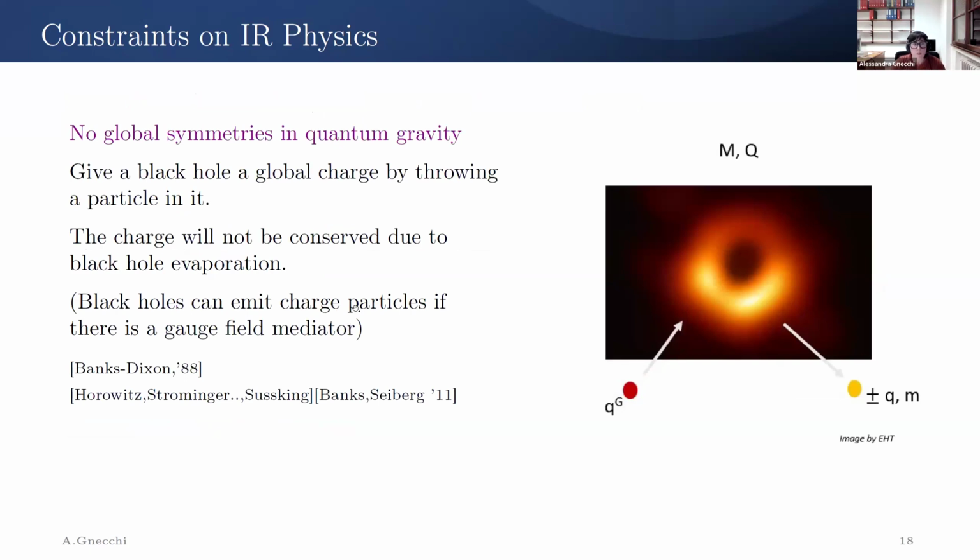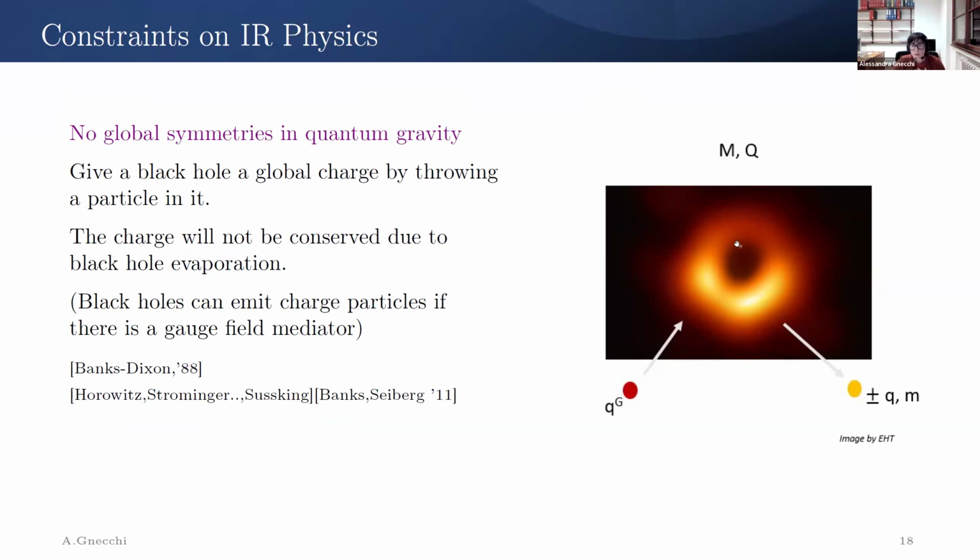One of the most important properties that we think belongs to a quantum theory of gravity is the absence of global symmetry. And this is also related to the dynamics of black holes in gravity. In fact, we know that black holes evaporate, as I just told you, they have to emit mass and charge.